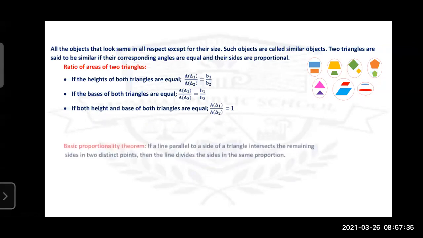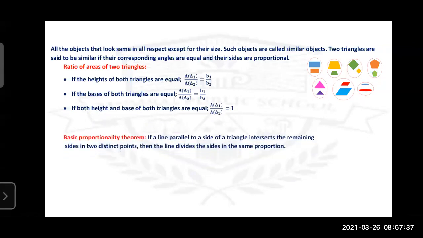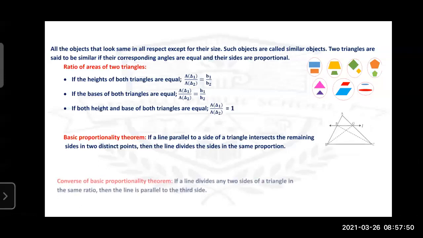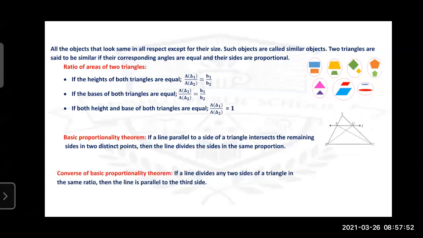Now, the BPT theorem, the Basic Proportionality Theorem. If a line parallel to a side of a triangle intersects the remaining sides in two distinct points, then the line divides the sides in the same ratio. In the figure, triangle ABC, line L is parallel to BC.